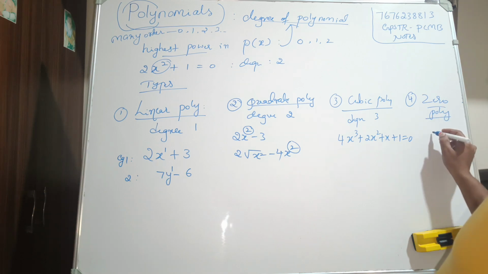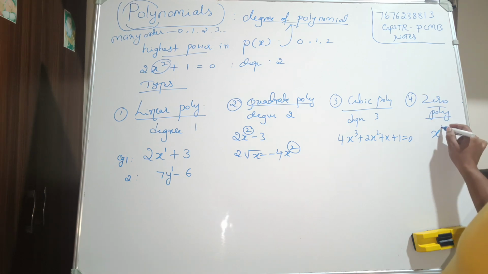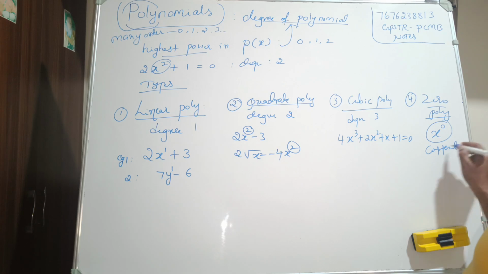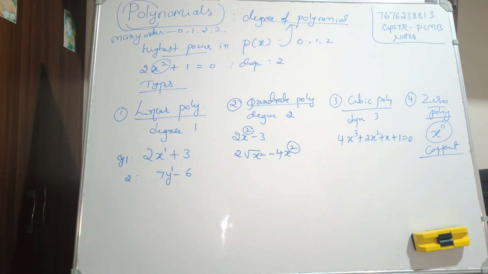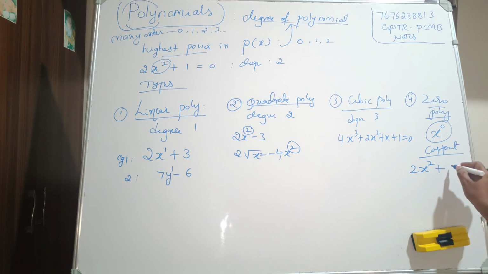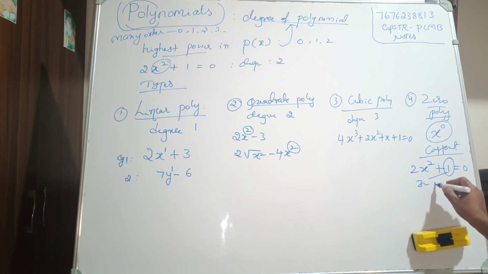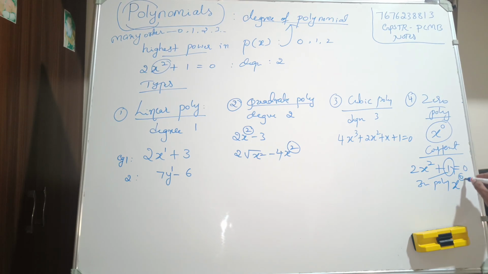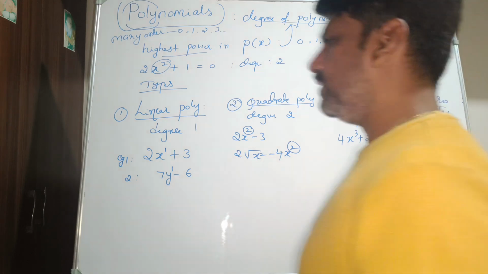Whatever the coefficient, it has degree 0, or we can call it a constant. For example, in 2x square plus 1 is equals to 0, this 1 is the zero-degree term, because in front of 1, x is to the power 0. So this is a zero polynomial or a constant.